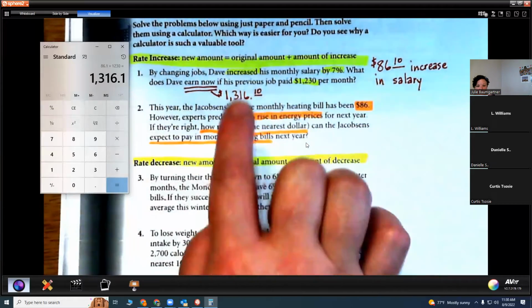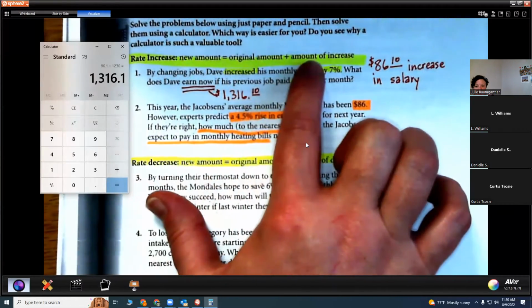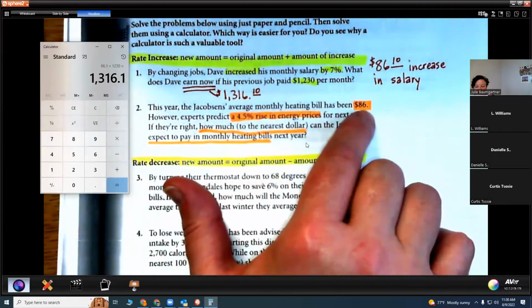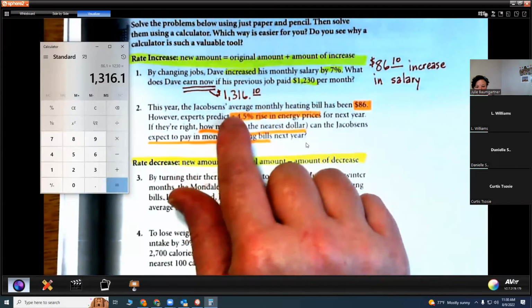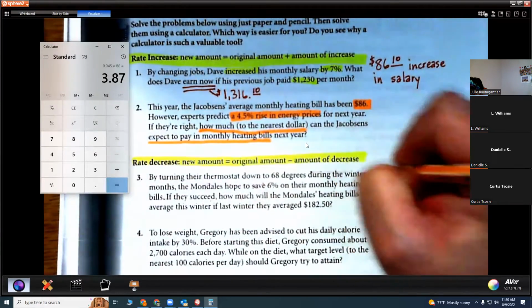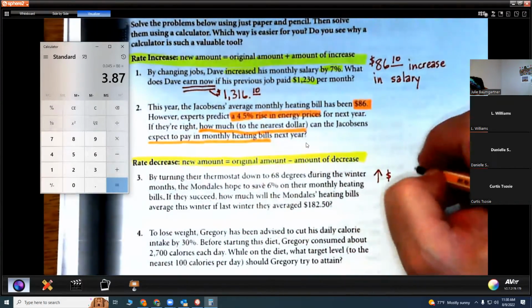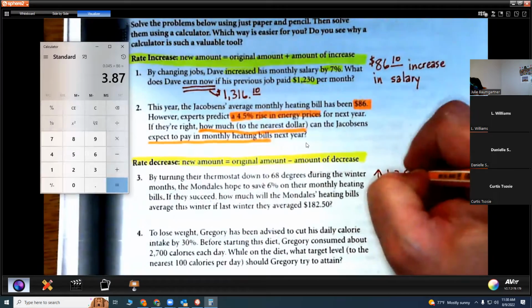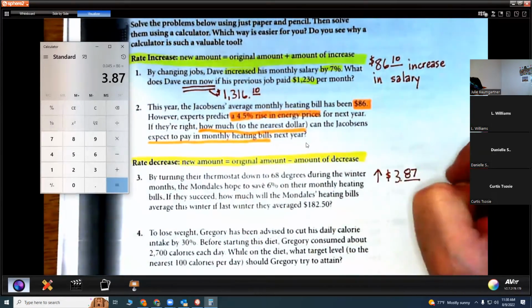First we have to figure out what the increase is. To calculate the increase, we take 4.5% of 86. So 0.045, that's 4.5% as a decimal, times $86. That means the increase is going to be $3.87 more a month.